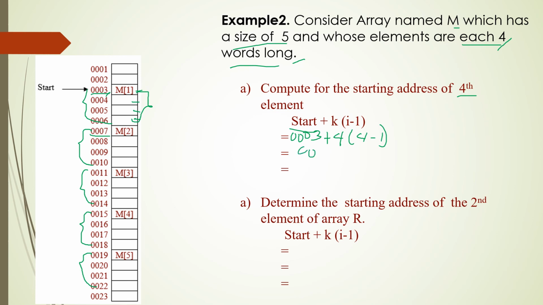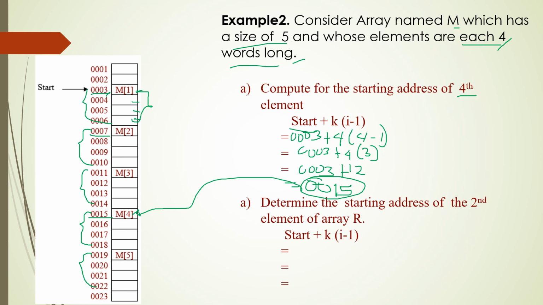So, 0003 plus 4 times (4 minus 1), which is 3. 4 times 3 is 12 plus 0003. So, we have 0015. Very good. So, at address 0015, it is the starting address of element 4 or the fourth element. Tama, doon siya nag-start. Okay?